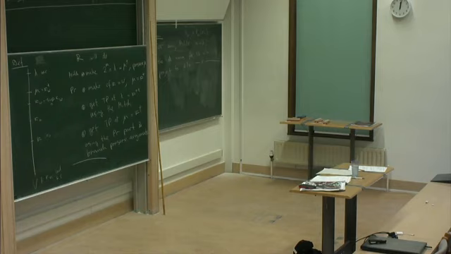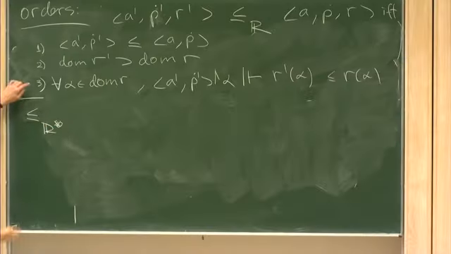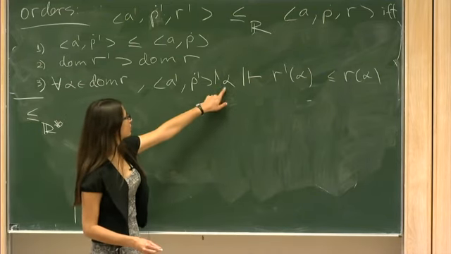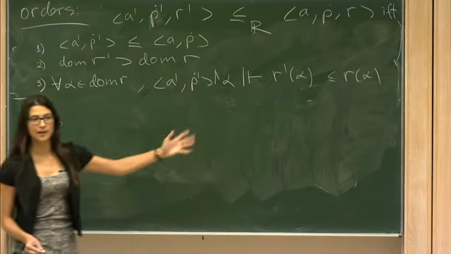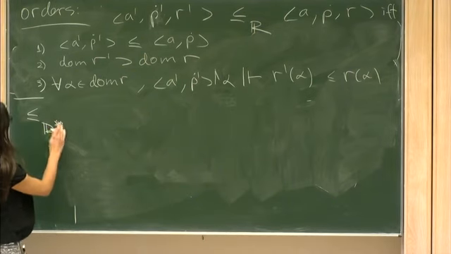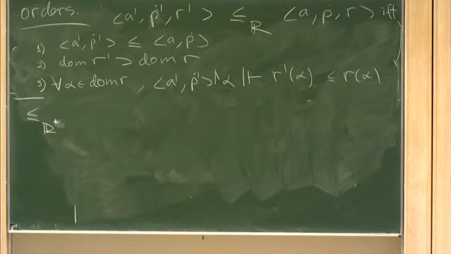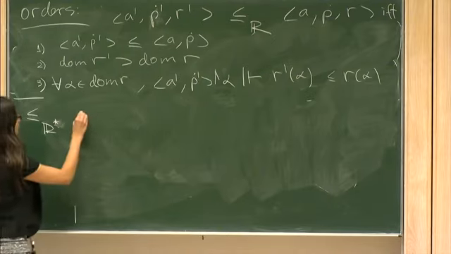All right, so this is one order. Now let me define another. We can change the third condition, just like it was changed in the case of M star. Instead of restricting to alpha, we can just take the empty condition. So let me define another order with the same underlying set, less than or equal sub star, where one and two are the same.